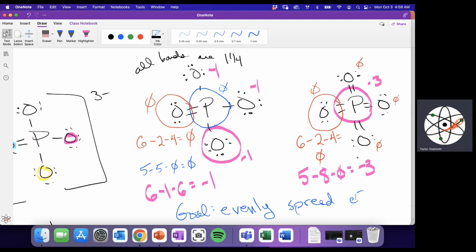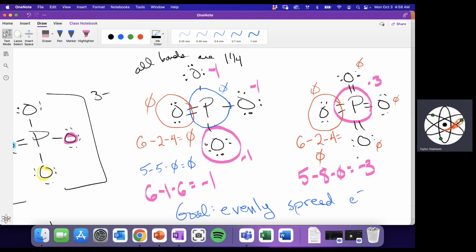So even though, again, this one that I drew on the right is a valid Lewis structure, it has a very high negative charge to it. So that's got our phosphorus basically hoarding a lot of the electrons towards itself. So this is not terribly likely since these are covalent molecules and they ought to be sharing.